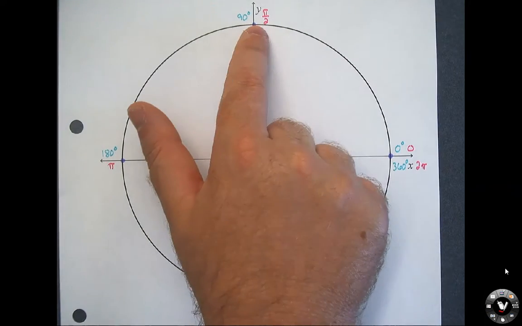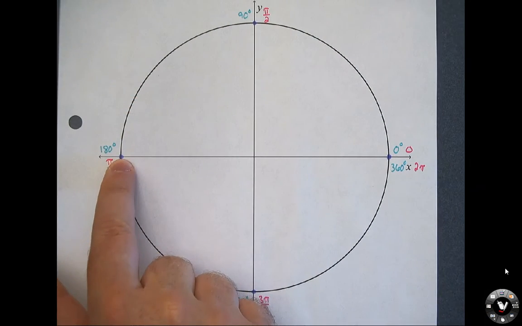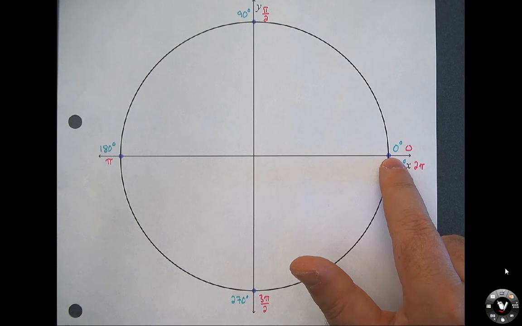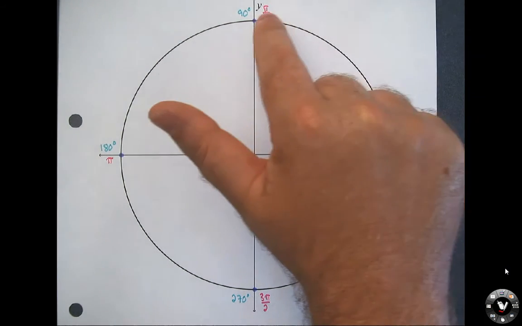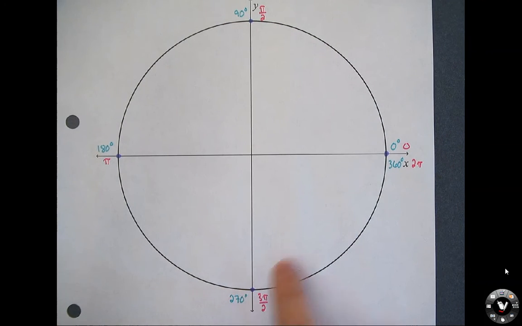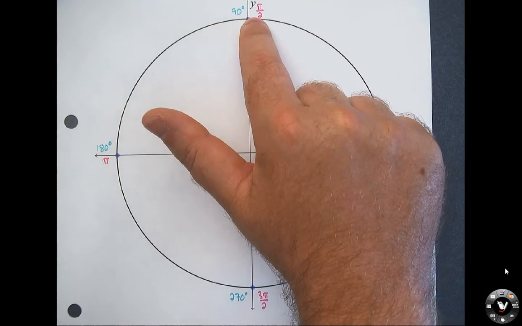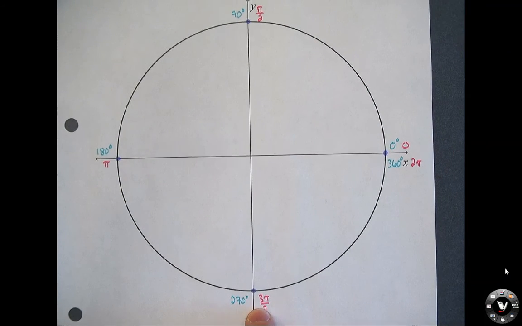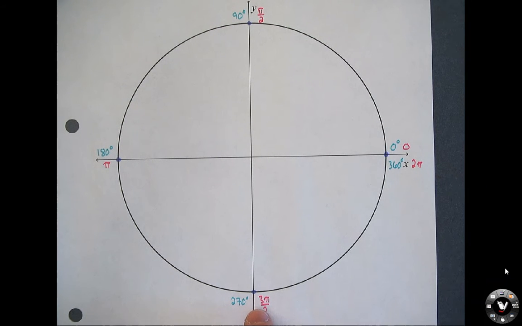So 1 pi over 2, 2 pi over 2, 3 pi over 2, 4 pi over 2, and then we would just keep going another gap of 90. 5 pi over 2, 6 pi over 2, 7 pi over 2, 8 pi over 2, 9 pi over 2, 10 pi over 2. This is the location of 11 pi over 2. So that's what I mean by counting around by a certain unit.